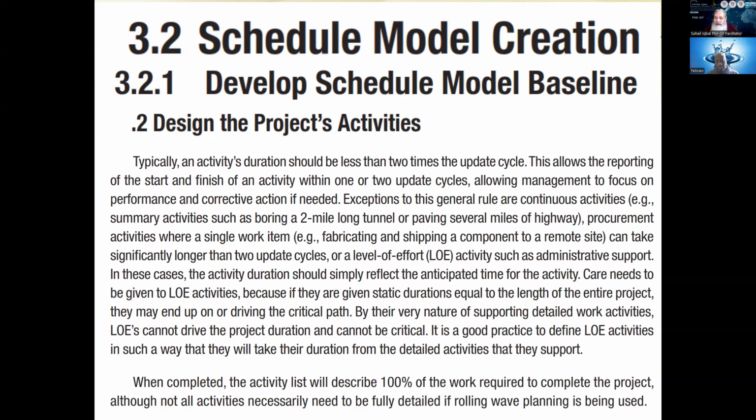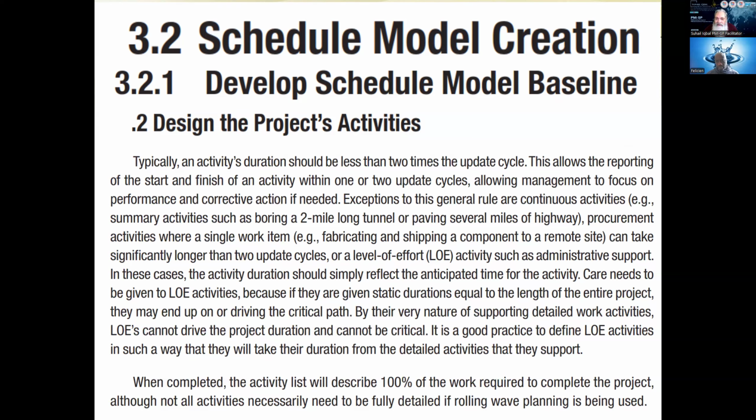Or a level of effort activity such as administrative support. Level of effort is a continuous activity like I described; administrative support is happening throughout the project. It is called LOE activity, level of effort, because the progress of such an activity can be measured in a very different way. If it is a continuous activity throughout the project and 1/3 of the project is complete, then the progress will be 1/3 of that activity. 1/3 of administrative support has been provided, right?